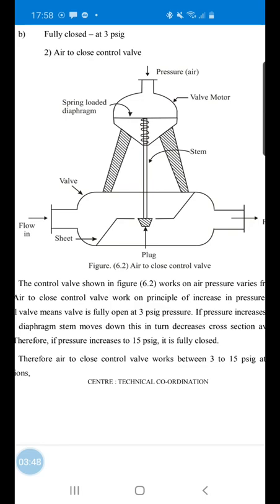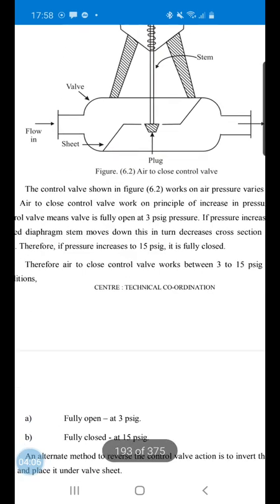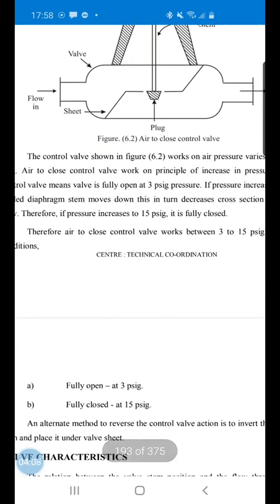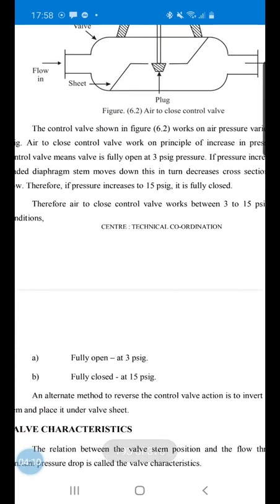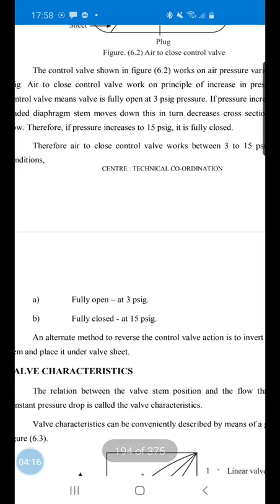So you can see the different pressure conditions for air to open and air to close control valves. In the air to open control valve, it is fully closed at 3 psi and fully open at 15 psi. But in the case of the air to close control valve, it remains fully open at 3 psi and becomes fully closed at 15 psi.